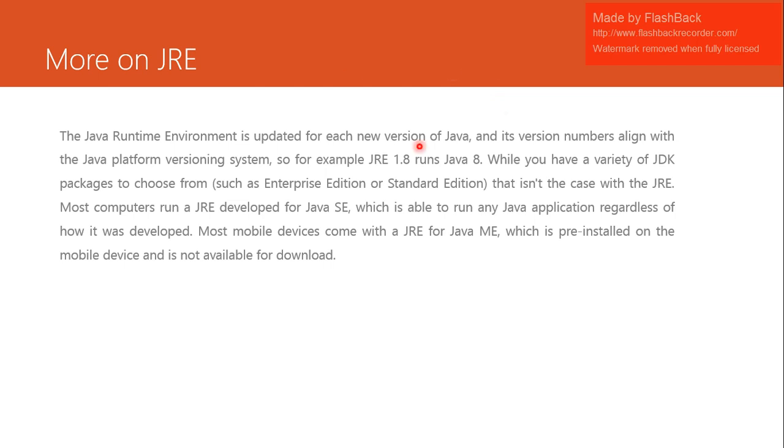If you are running Java 7, you will have a compatible JRE version of 1.7. So it has to be the same version. Sometimes you could be running Java 8.1, and your JRE has to be 1.8.1. So it has to be compatible.